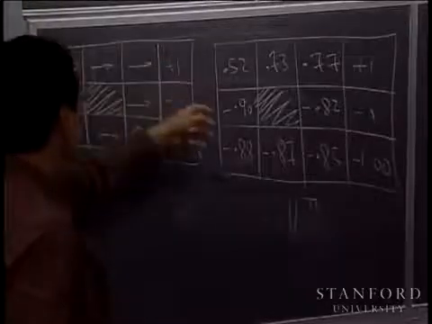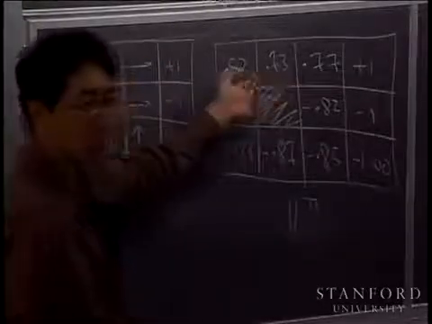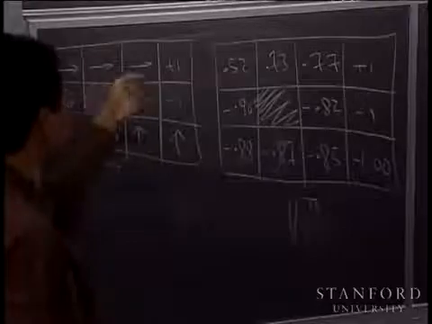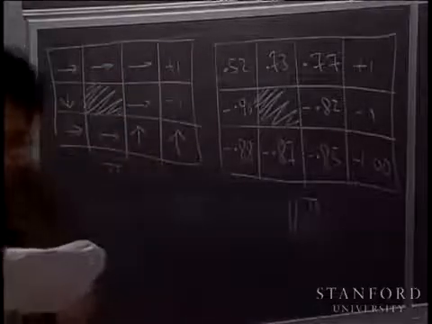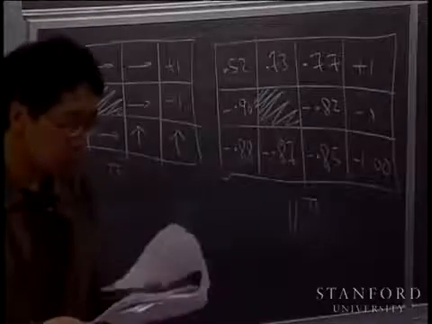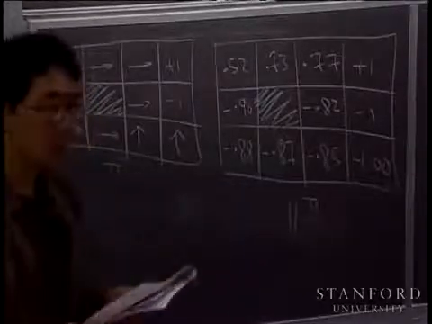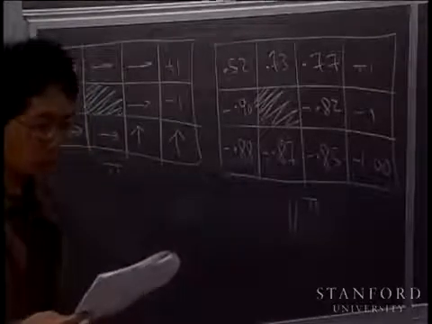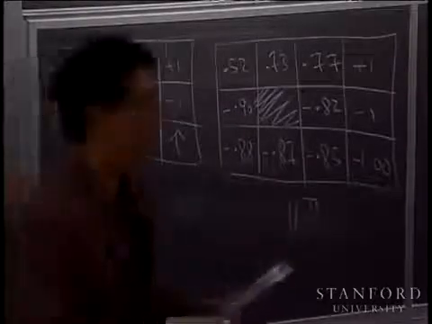And if you start in the top row, then the total payoff will be positive. This is not a terribly bad policy for the states in the topmost row. Okay. And so given any policy, you can write down a value function for that policy.